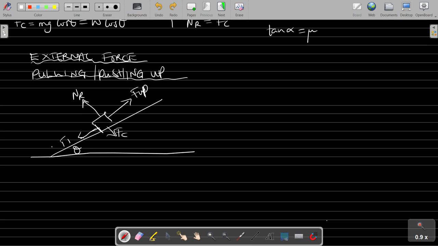Since we have Fs going downwards, we also additionally have frictional force moving in a downward manner.